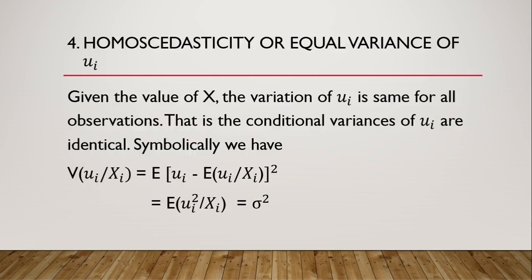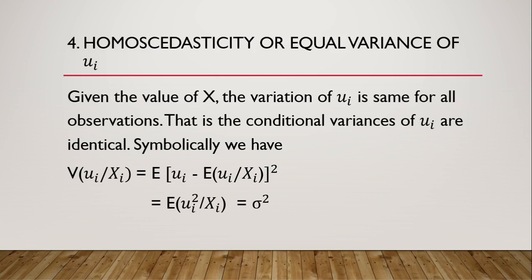The next assumption is the assumption of homoscedasticity or equal variance of ui. Given the value of x, the variation of ui is the same for all observations. It is assumed that for a given value of x, the variation of the stochastic term ui is the same for all observations. Homo means same, equal.